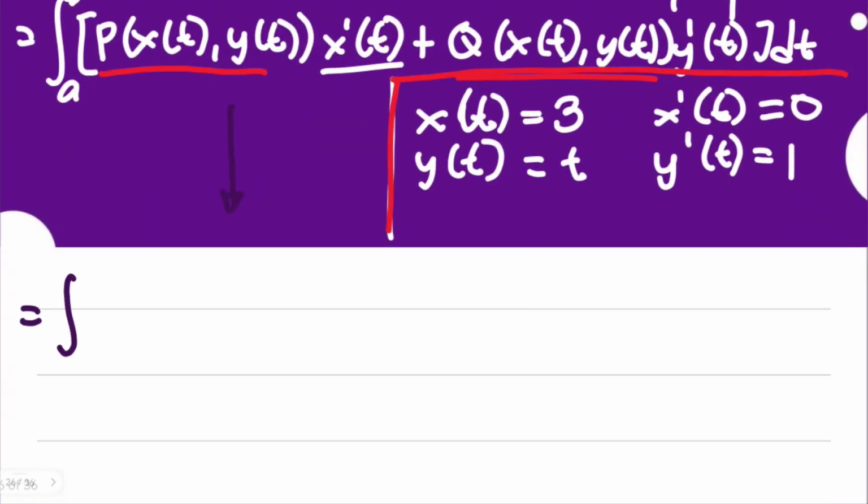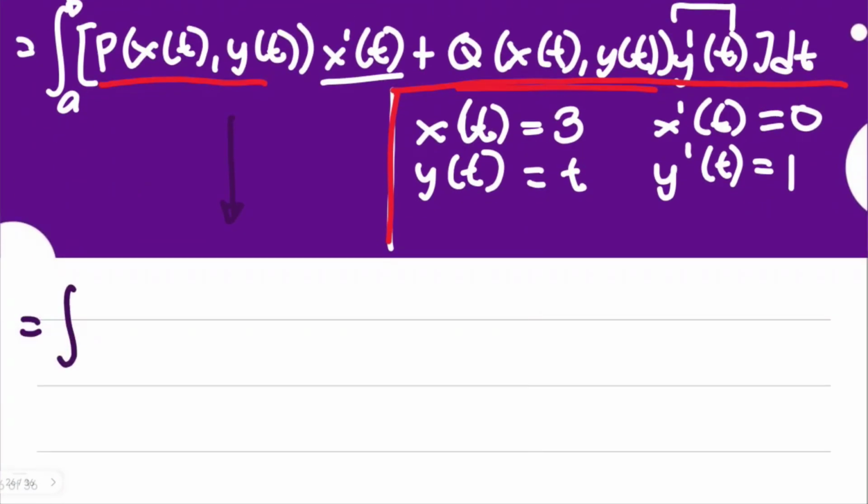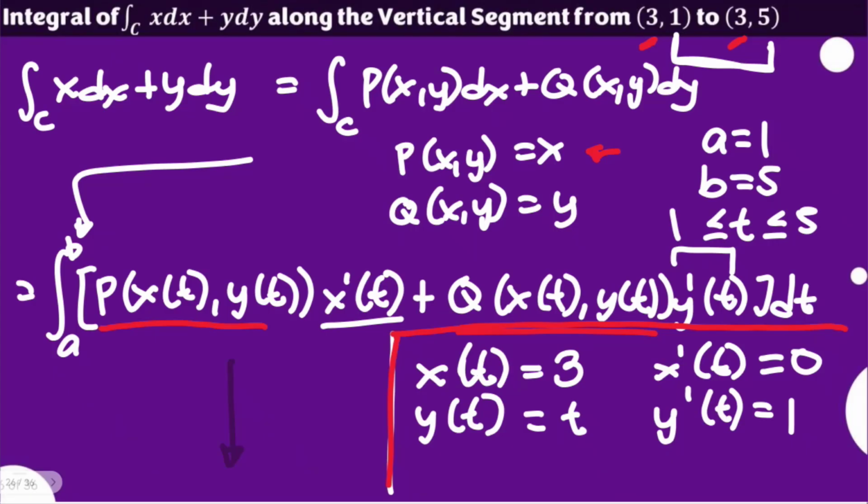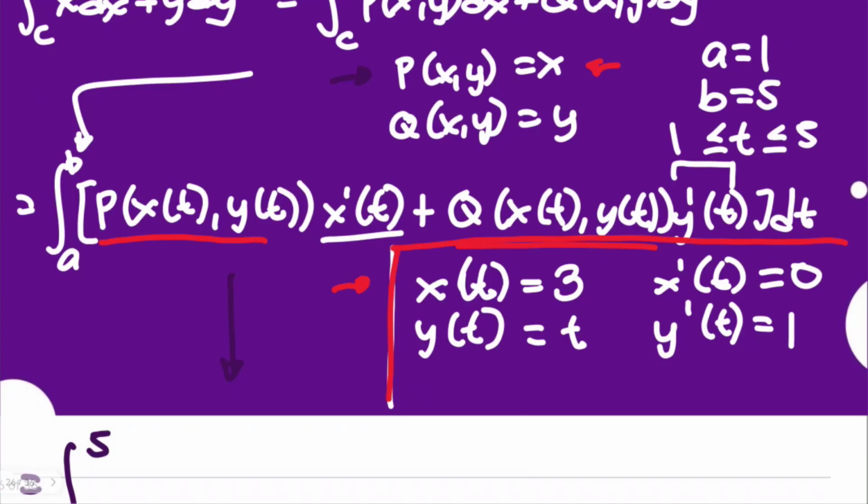You have here the integral from a, which is 1, until 5, and then you will have P(x,y), but your P is just x. By the way, if this is, say for example, x squared plus y, you're going to square this and add the parametric form for y(t), because it is the definition of P(x,y). But since it's originally identified as just x, we will be using only this item here.